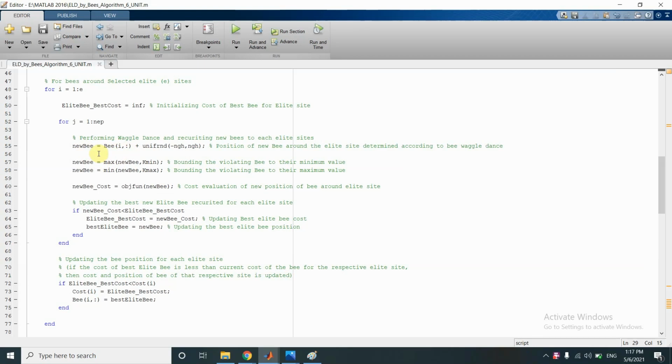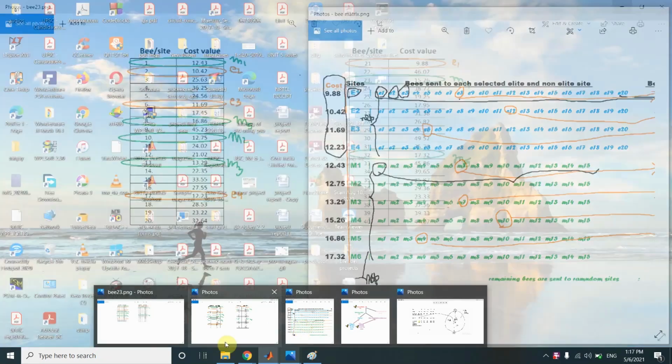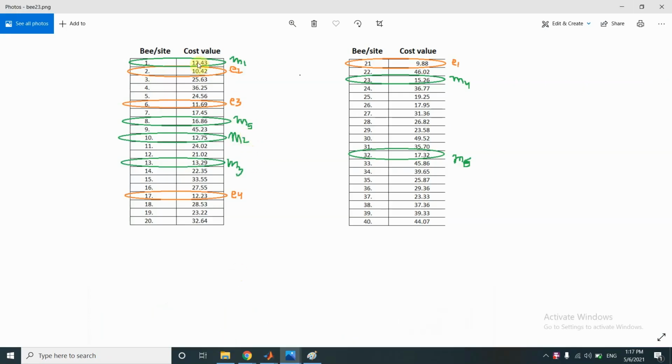Now let us once again look at what is this new bee and elite bees, their costs, and we can take the reference of this table first. So these were the initial bees that were sent to look for food, and they returned with the following cost values according to the positions that they found in the search space. And among those we found the best elite sites and other selected sites which were not elite.